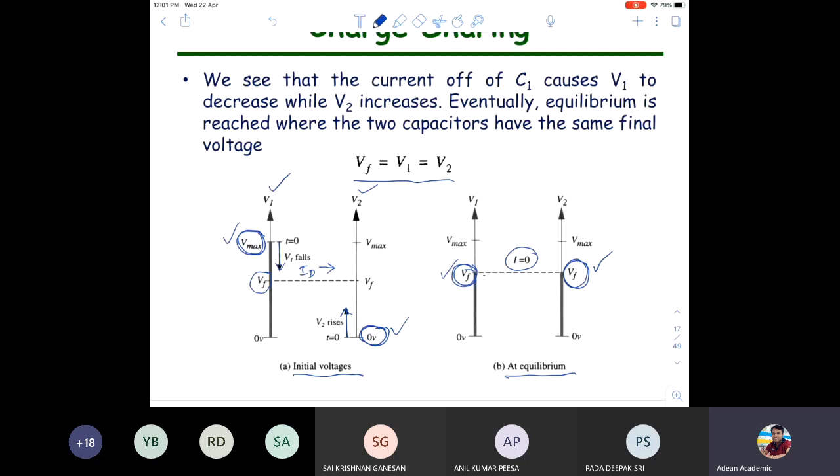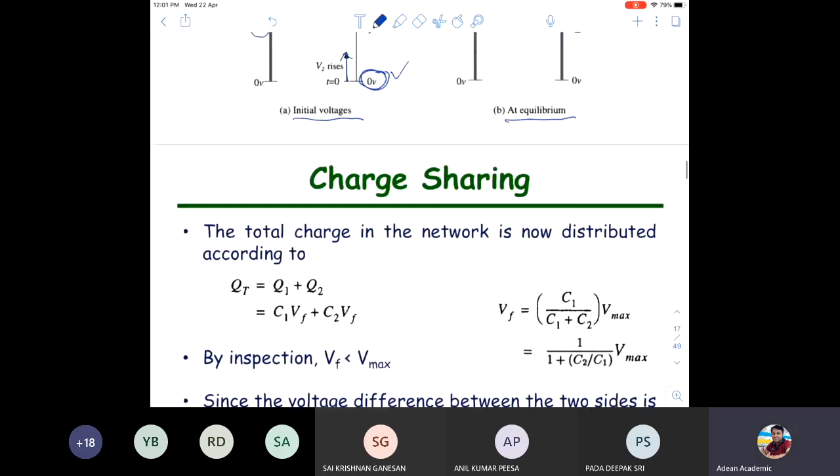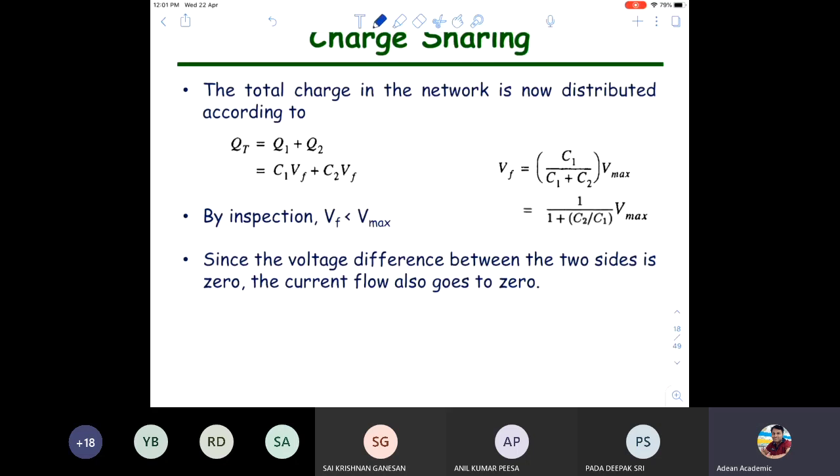Okay, now both voltages of the capacitors have become the same and charges are shared among the two capacitors C1 and C2. Now the total charge in the network, initially, was Q1 equal to C1 V1, and V1 is nothing but Vmax. So C1 Vmax initially.